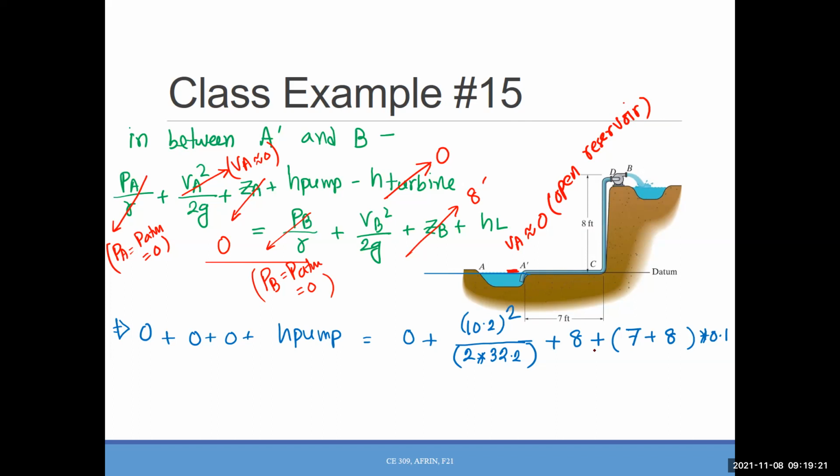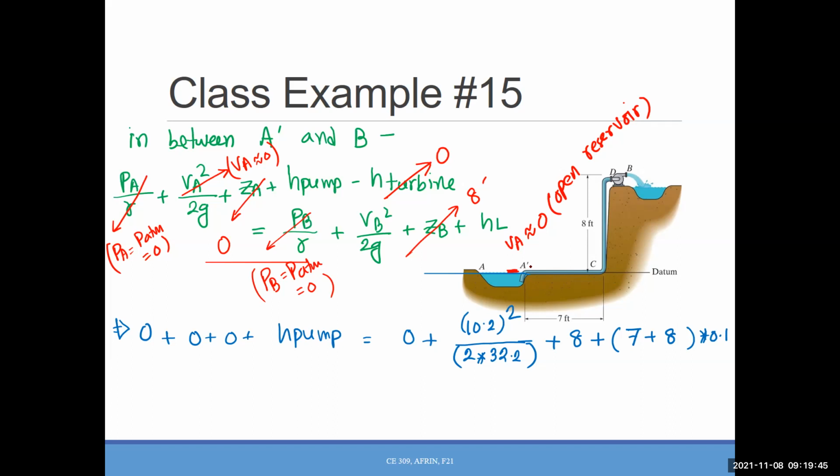Now, I think we stopped at head loss. If you read the question, you will see the head loss is given per unit length of pipe, which is 0.1 foot per foot, right? That means we need to know the total length of pipe we are considering.